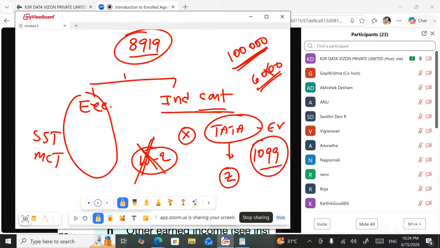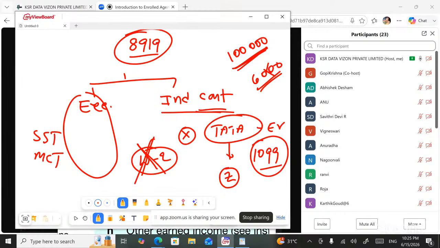So later, the IRS department issues one letter to Tata company to collect 6,000 directly from the pocket of Tata. At the same time, Z's contribution will be paid by Z directly to the IRS department by using form number 8919.